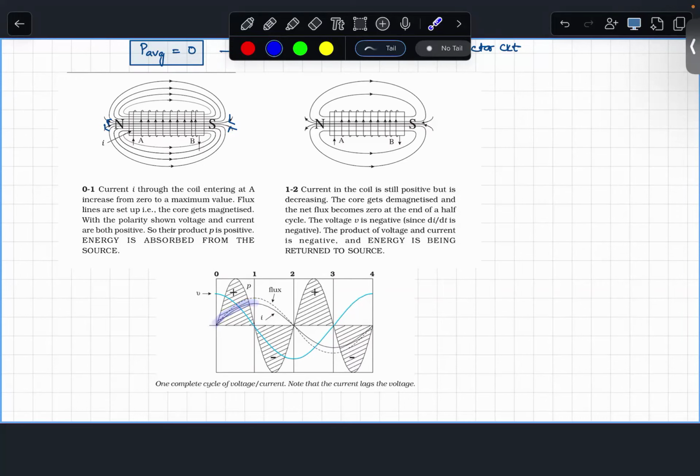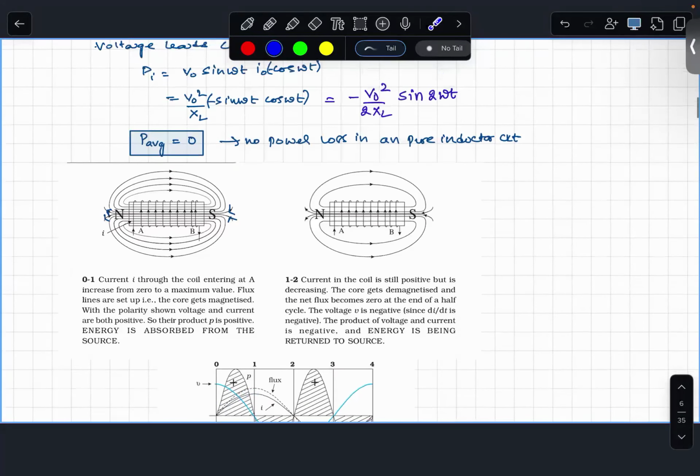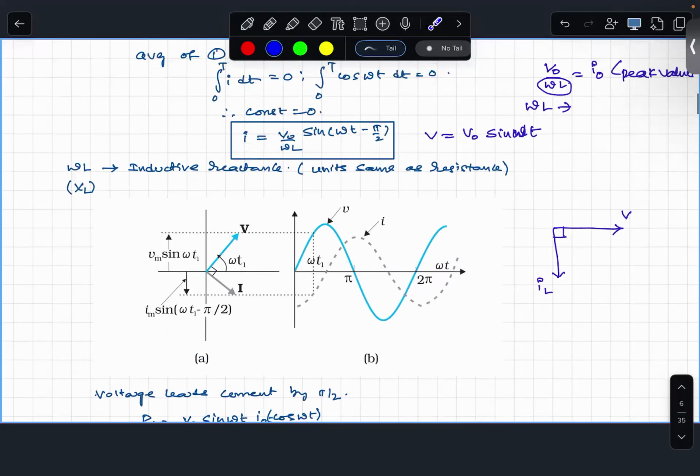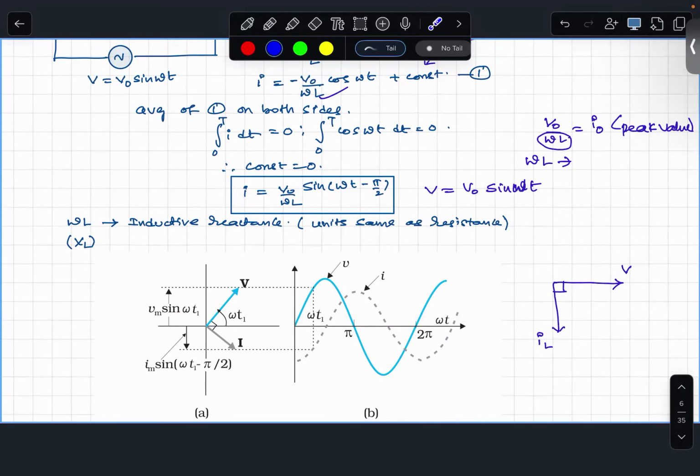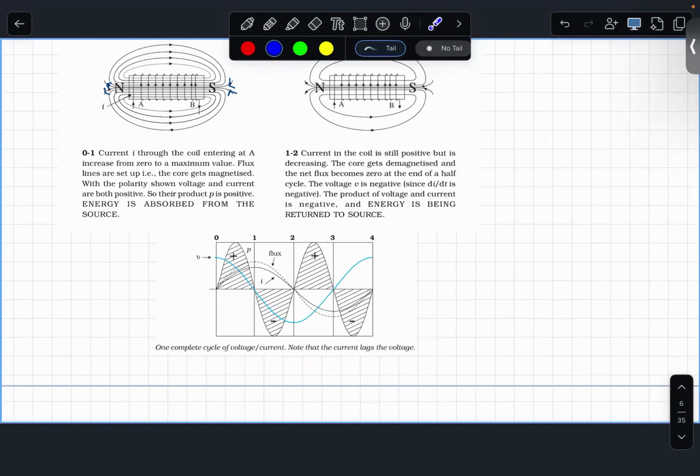which is like this, and the current curve. Voltage curve, current curve. So the voltage curve is like this. The current curve is like this.